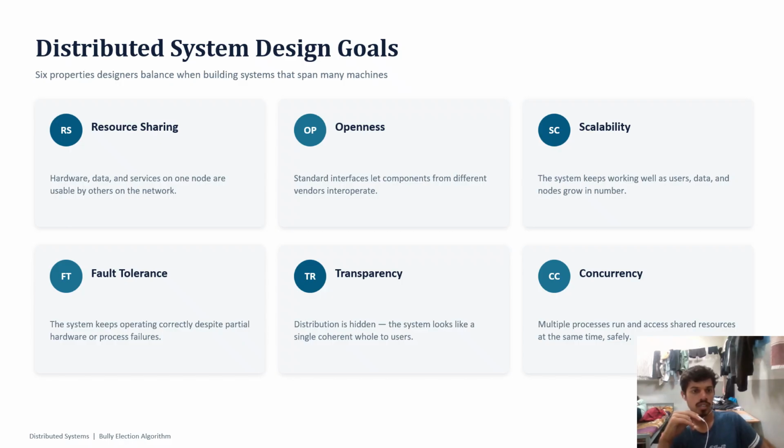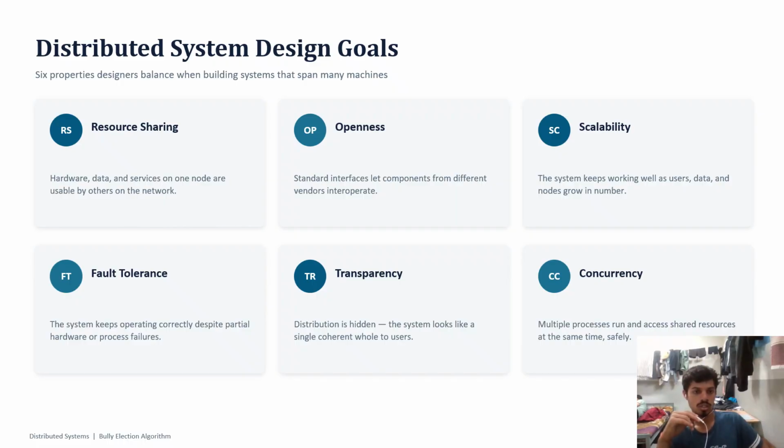So it has hardware, data, and service on one node and usable by others on the network. Next is openness. So basically, a distributed system is open for all, and it can be used by anyone. Next is scalability. It has good scalability. It can be scaled to a large extent.